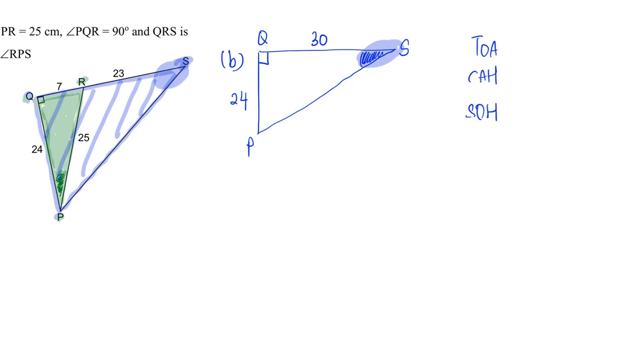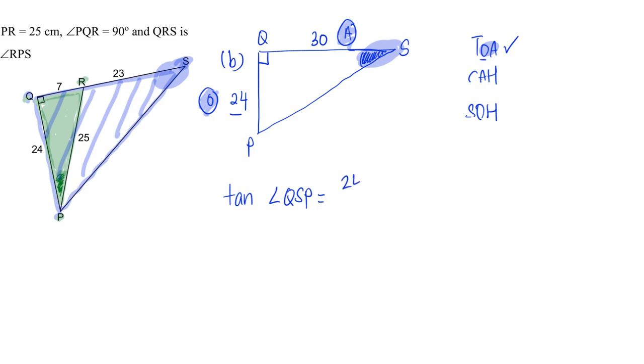Now I have only two sides. One is my adjacent side, and one is my opposite side. O and A, which ratio do you think could help us to solve for the unknown angle QSP? Brilliant. We are going to use the tangent ratio to help us to find angle QSP.